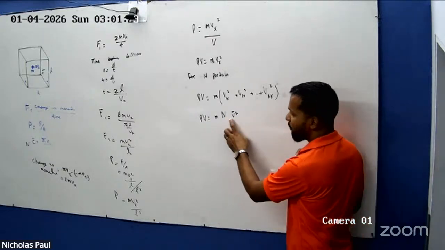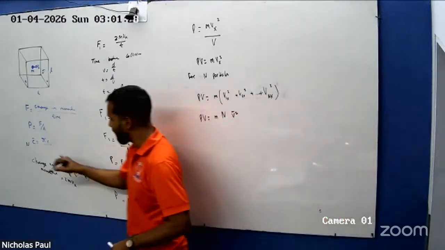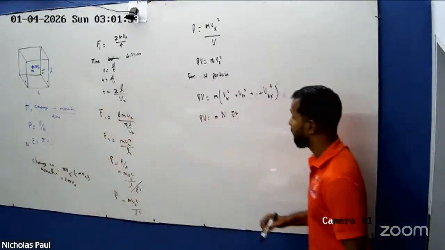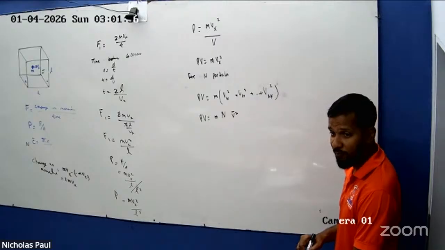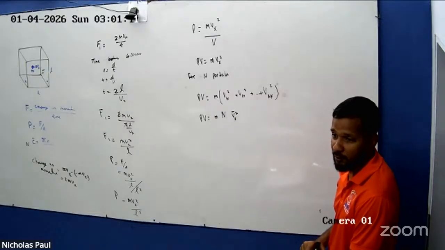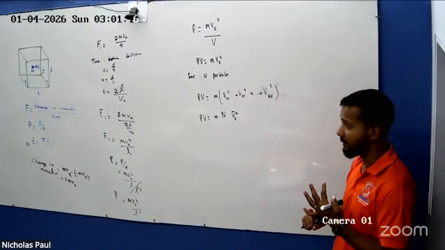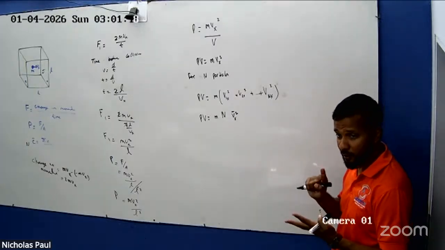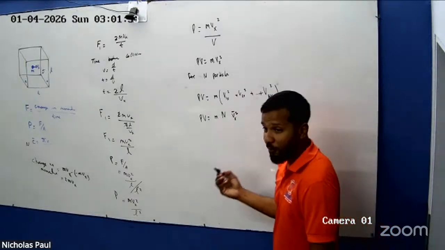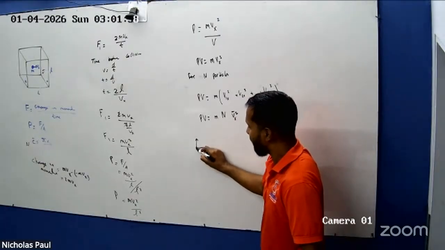So n times the mean speed squared is the total sum. N times the average is the total sum. Okay? So far? Remember, this is only in the x direction. So I have all n particles in the x direction. How are we going to get the other directions? Well, here's what I'm going to do. Remember, we can have the x direction, y direction, and z direction.